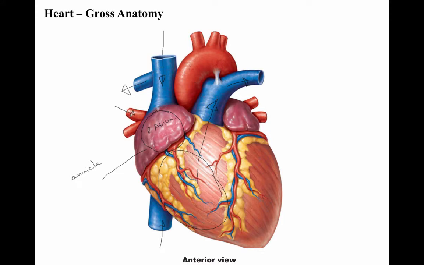Returning from the lungs oxygenated will be in these pulmonary veins, now carrying oxygenated blood, arriving into the left atrium, here covered by one of the auricles, a left auricle, transferring then through the mitral valve into the left ventricle, and then being pushed up and out through the aorta.